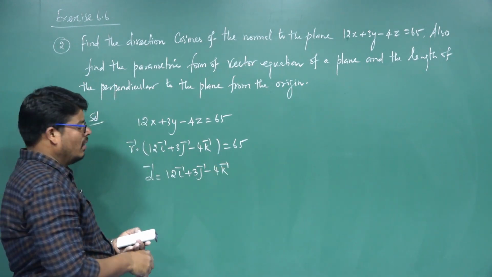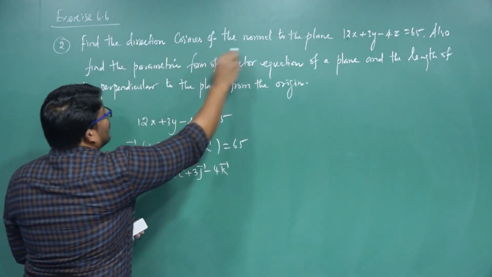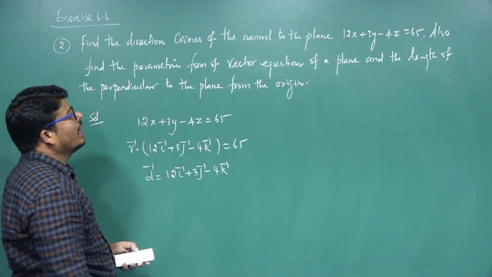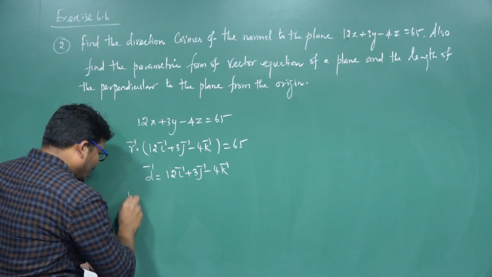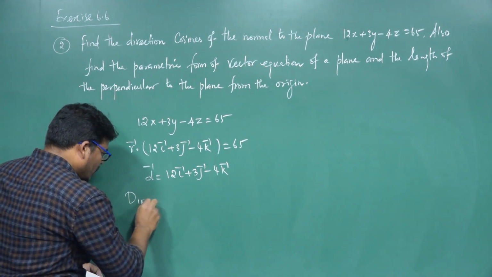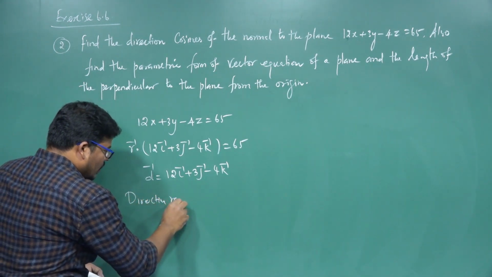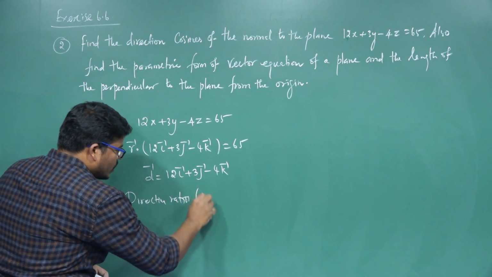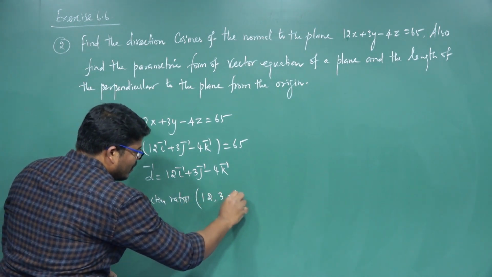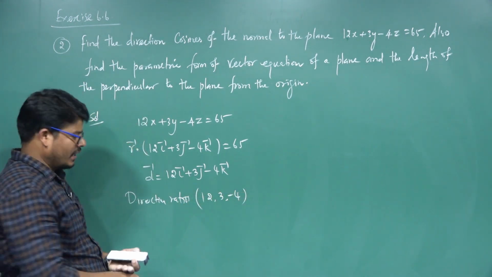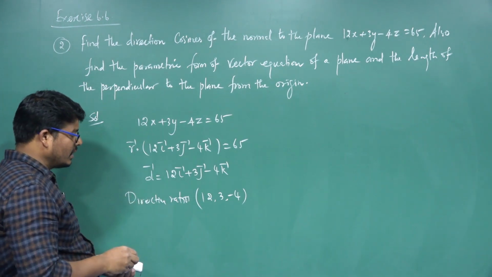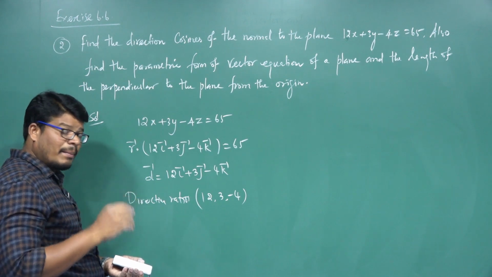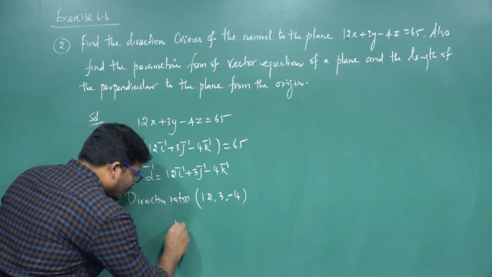Now first find the direction cosines of the normal vector. The direction ratios are 12, 3, minus 4. Direction cosines are x by r, where r is the magnitude, the modulus of d vector.